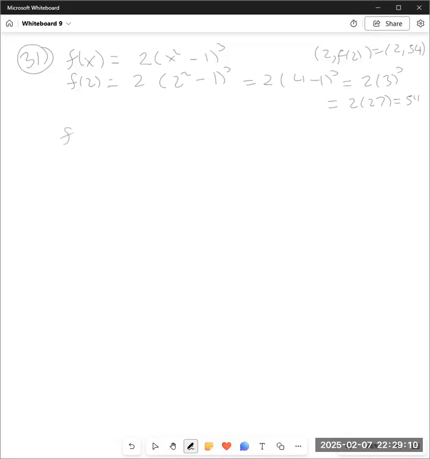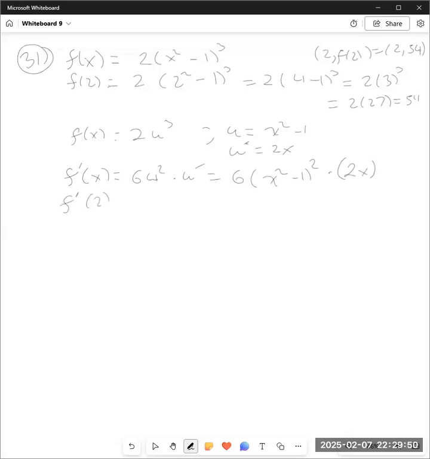So f prime of x, let's go ahead and write our f of x here as 2u to the third, where u is equal to x squared minus 1, and that makes u prime equal to 2x. So f prime of x is 6u squared times u prime. So we're going to again be at x equals 2.